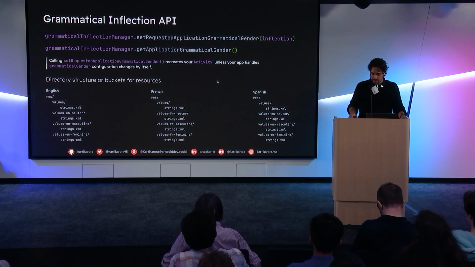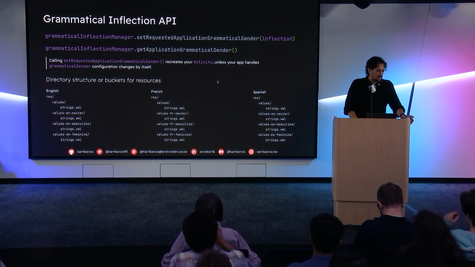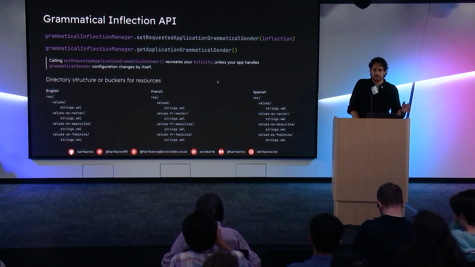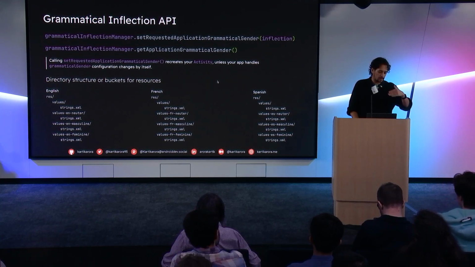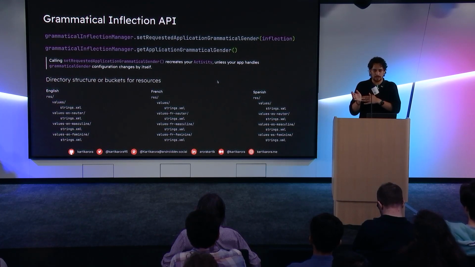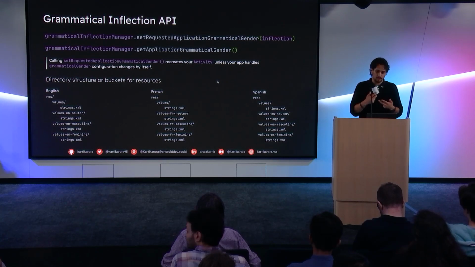For my test here, I'm going to show you in a quick minute. This is how I've set up buckets. So this is the required practice. You've got your res and values folder, and then whatever resources inside it. And then for languages, you normally have values dash the language tag, the ISO tag. It goes one step further with neuter, masculine, and feminine.